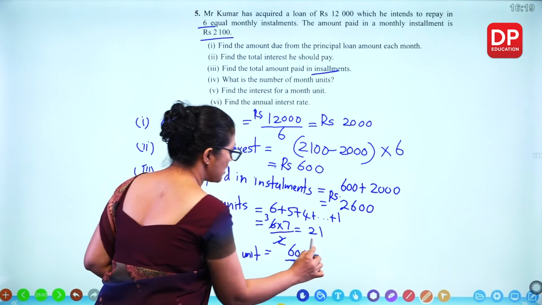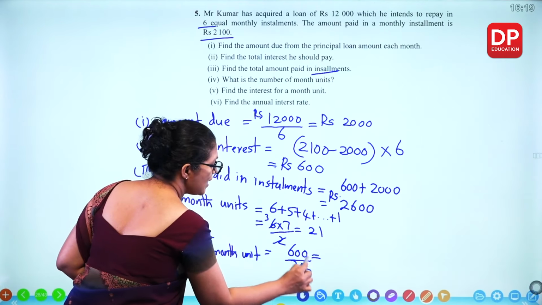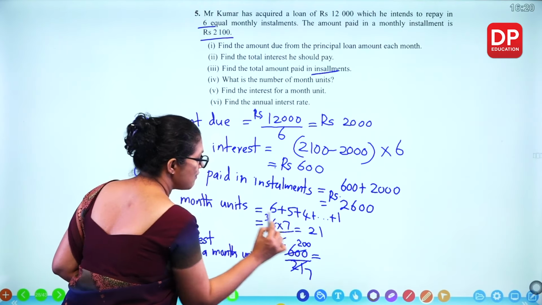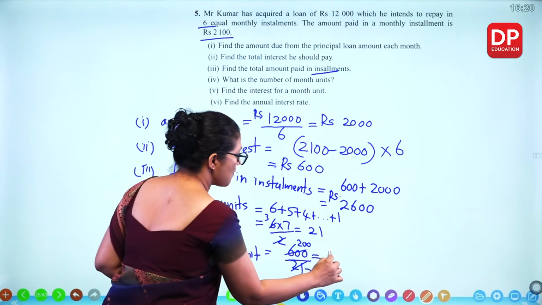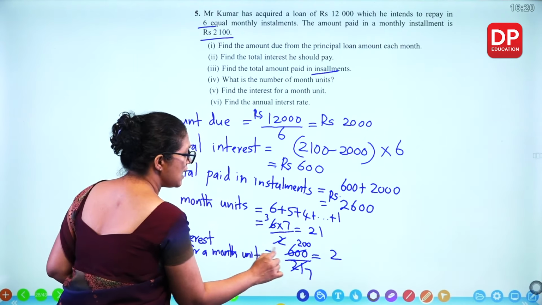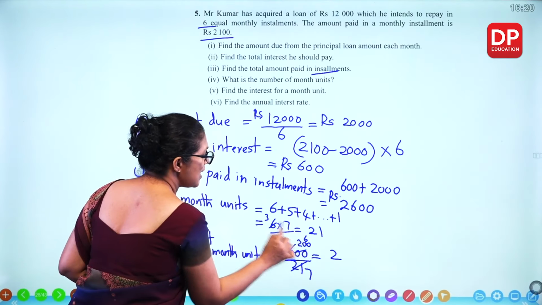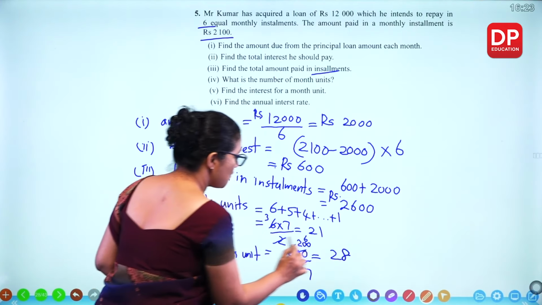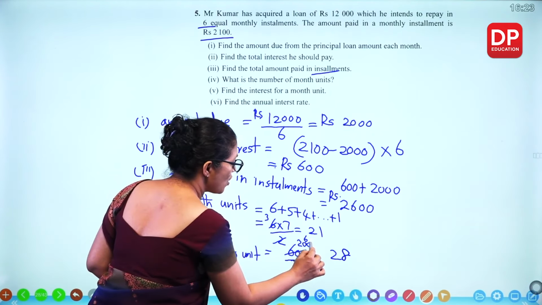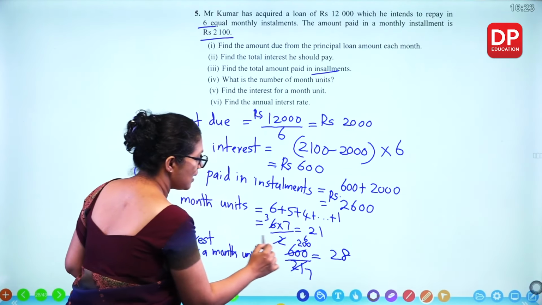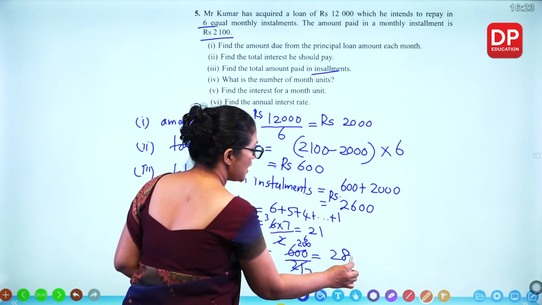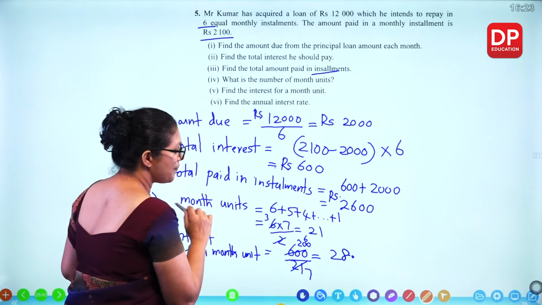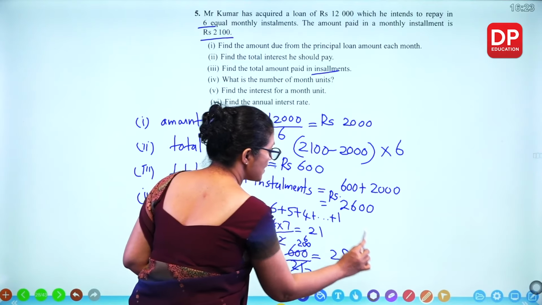So divide by 21, divide by 3, you get 200, divide by 7. 7 times 2, 14, you get 60. So 7 times 8, 56. Then for 40, 7 times 5, 35.